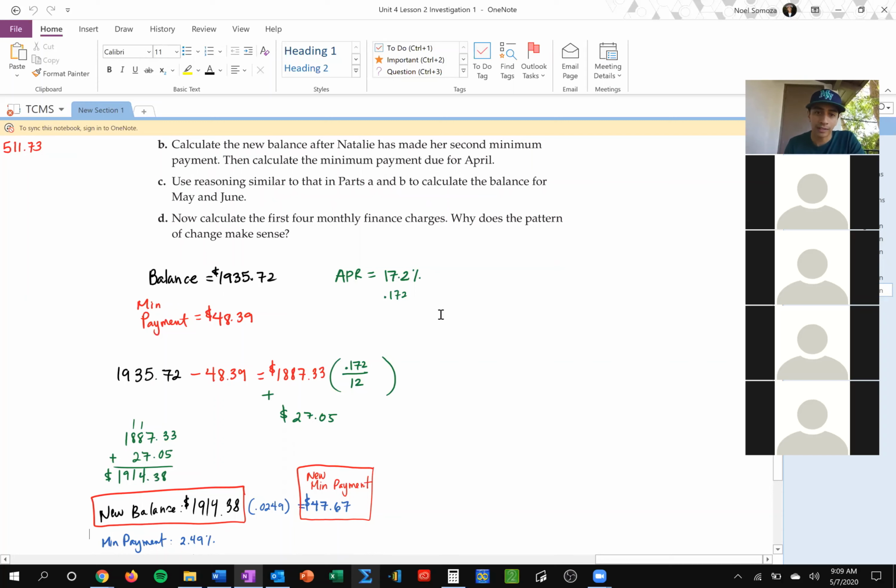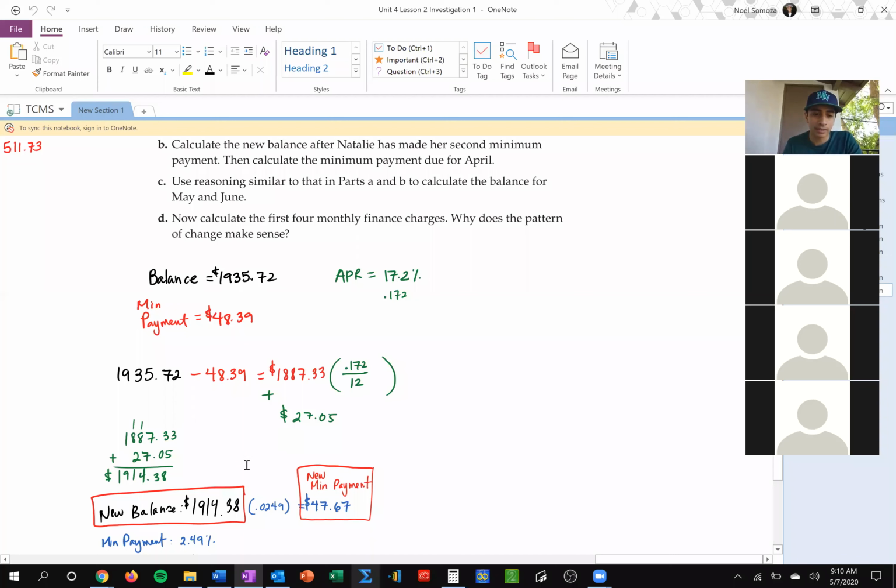You take the APR, and because that's an annual rate, you divide it by the number of months in which it's compounded, so we divide it by 12. So you're paying a smaller percentage of interest each month. We ended up getting 27.05 as the amount of interest you would pay on your new balance. Then that takes us back up to 1914.